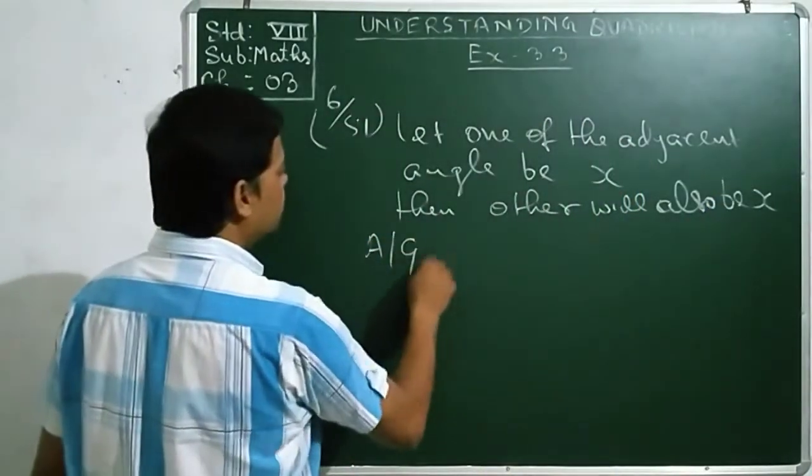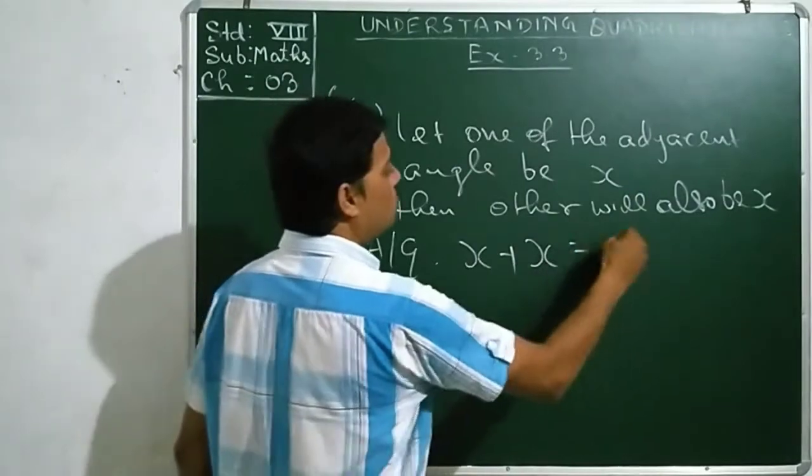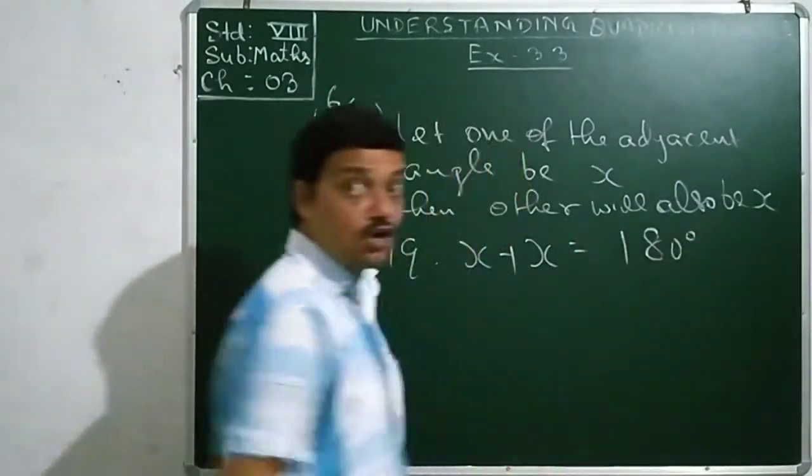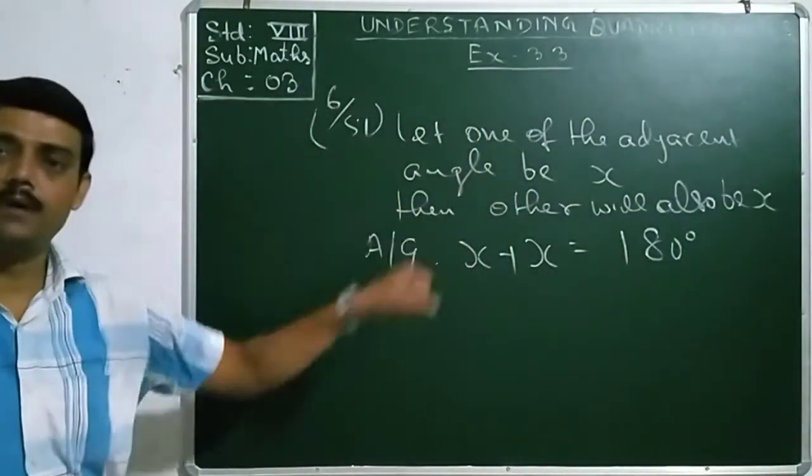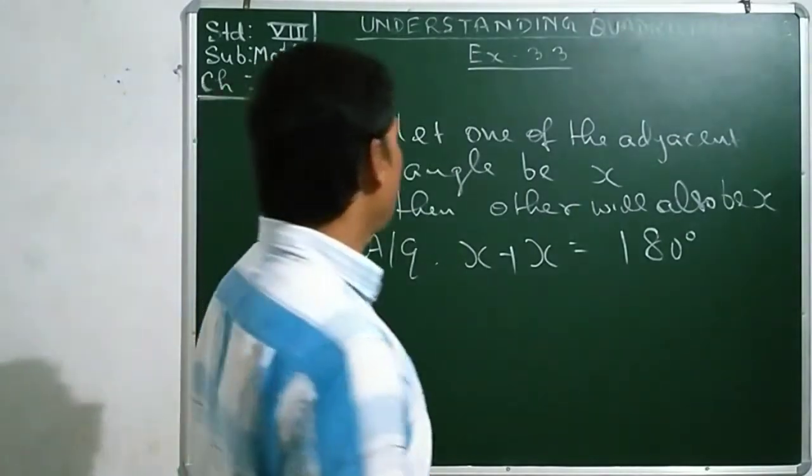According to question, x plus x equal to 180 degree, because we know adjacent angles of parallelogram are equal.